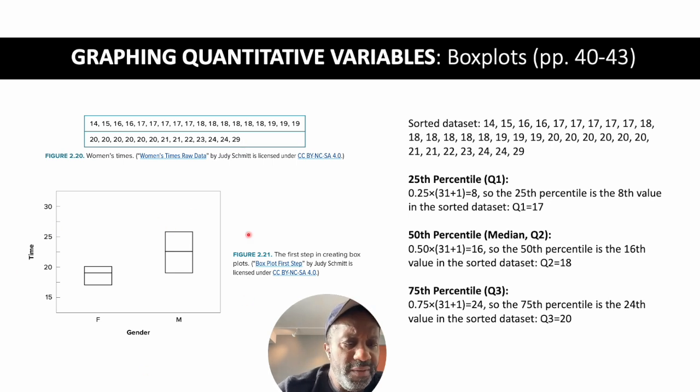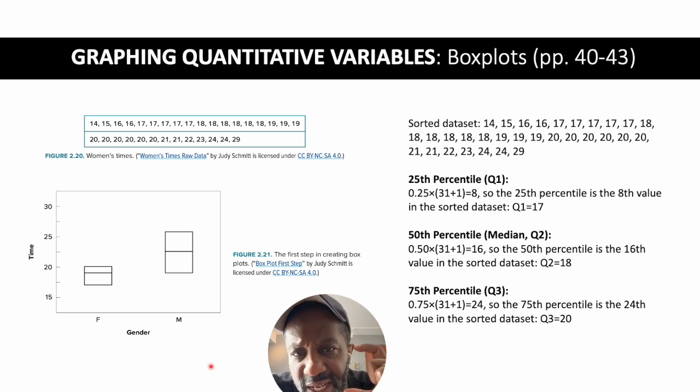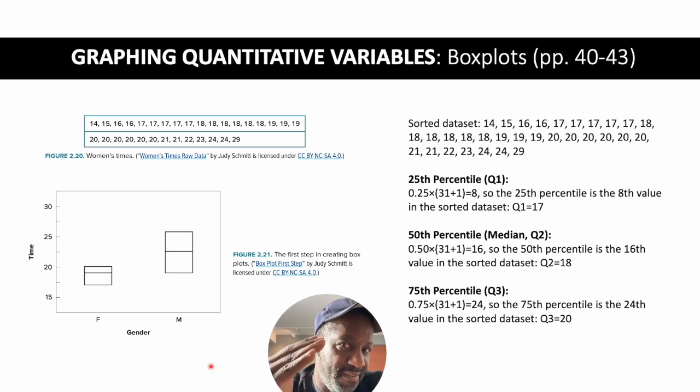So if you look here in figure 2.21, the first step of creating a box plot is to create what's called the interquartile. And the interquartile is the 25th, the 50th, and the 75th percentile. Here's a little brain teaser.